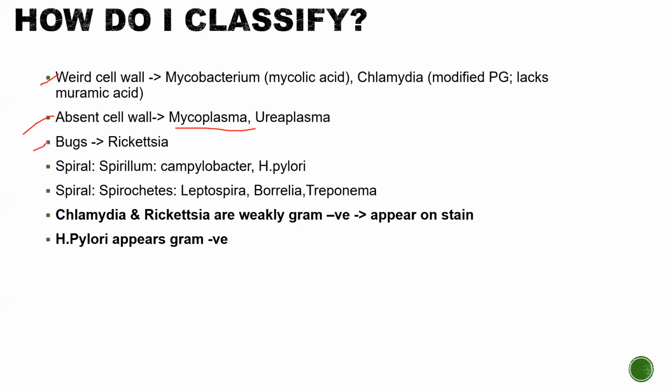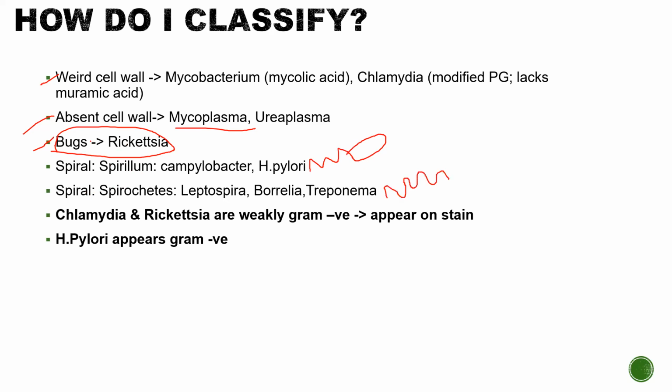Now, the ones that are caused by bugs is Rickettsia. The way to remember this is Rickett sounds like cricket. So that's how I remember that Rickettsia is caused by the bugs. This is important. Then it's the spirally ones. You can either have spirillum, which is basically a normal bacteria with spirals attached to it, or spirochetes, where the entire thing is actually spiraled.